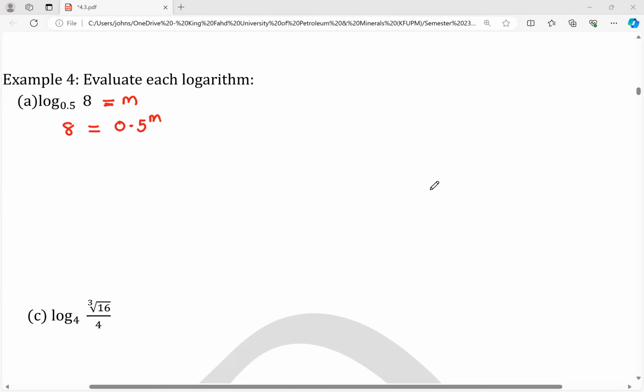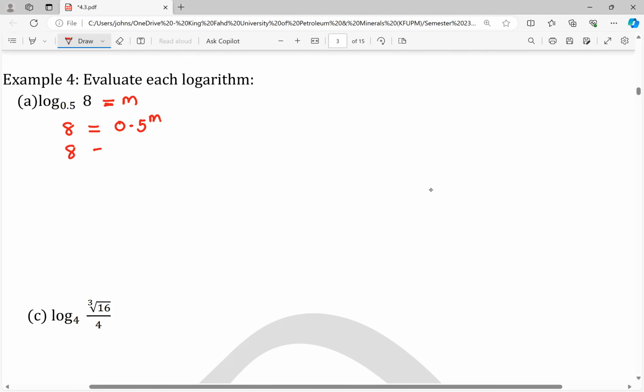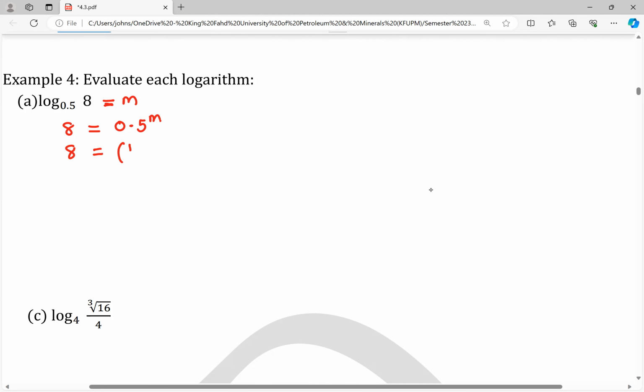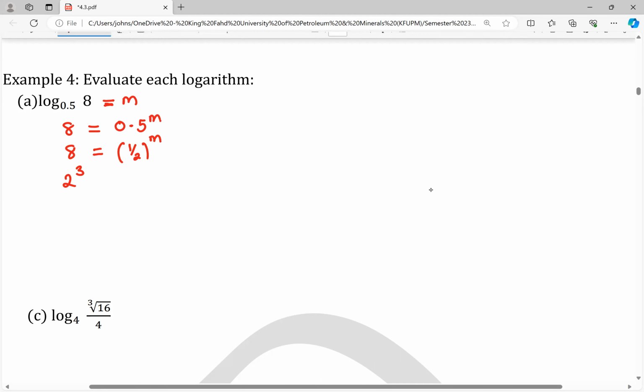All right, so here it means that 8, we can actually write this as half, 1 over 2, to power m, right? And this we can write as 2 to power 3.